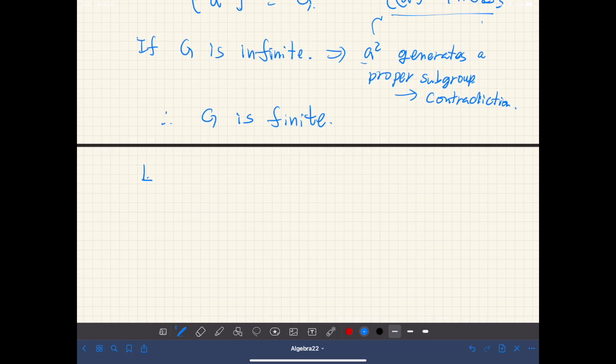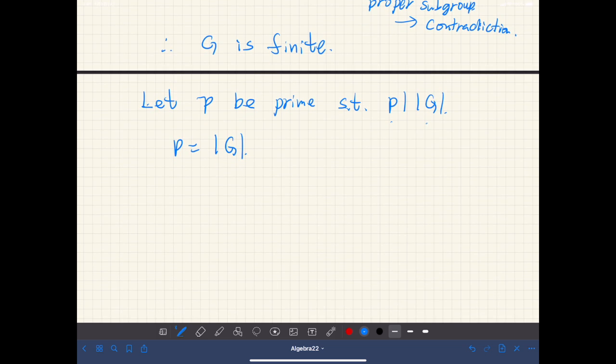Now let p be a prime number such that p divides the order of G. Then p must be the order of a subgroup of G. But since there are no proper subgroups of G, p must be equal to the order of G itself. So if we summarize, G is a finite group of prime order.